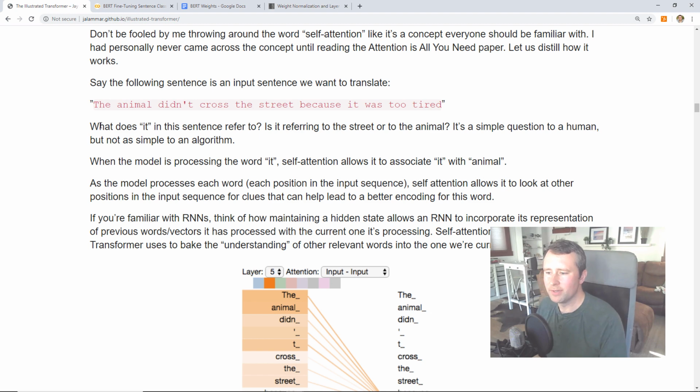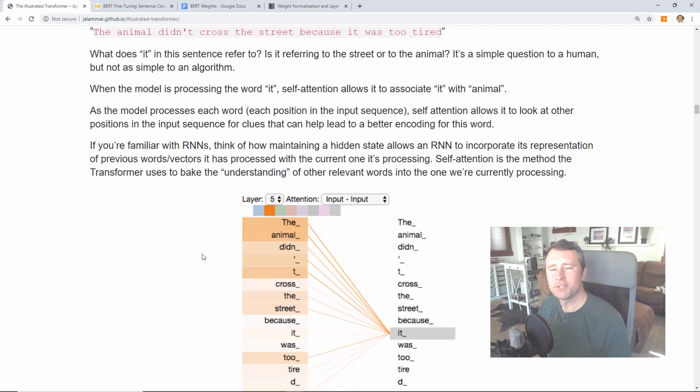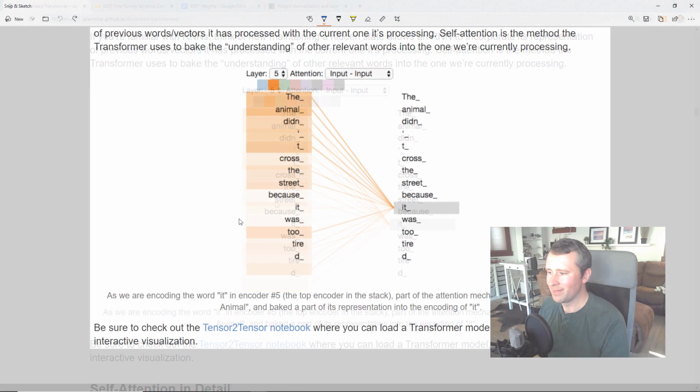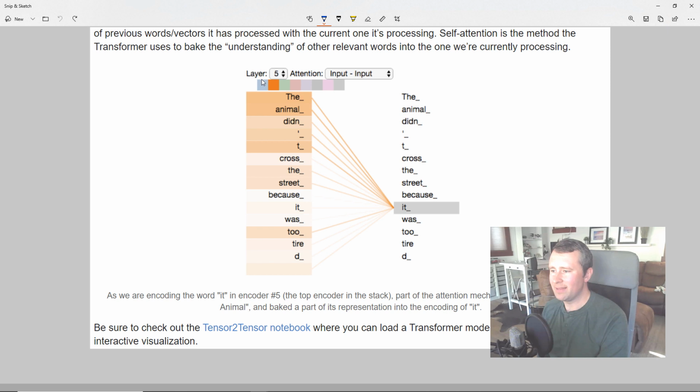Now, going back to the tutorial, there's this great illustration that Jay includes that comes out of this notebook that you can look at. Let's talk through what it's showing us here. We're looking at the final layer of that six-encoder stack in the original transformer. Over here is the word to encode currently, the word "it".